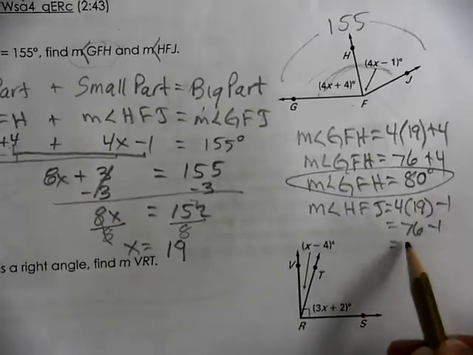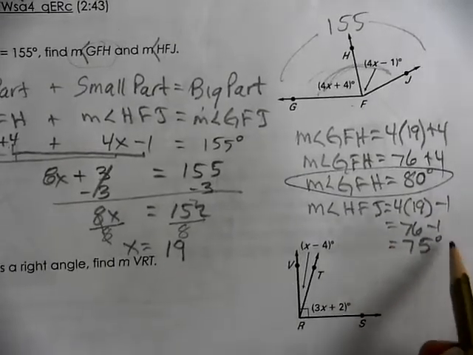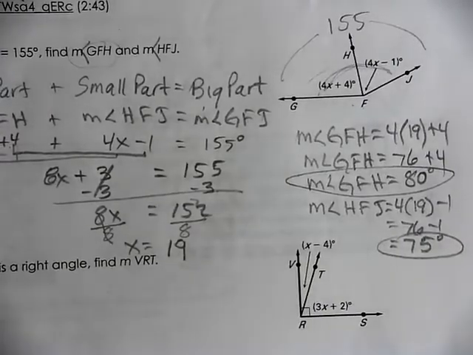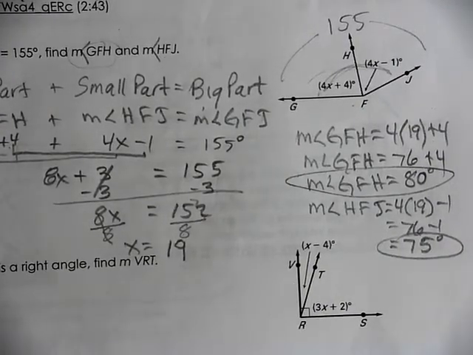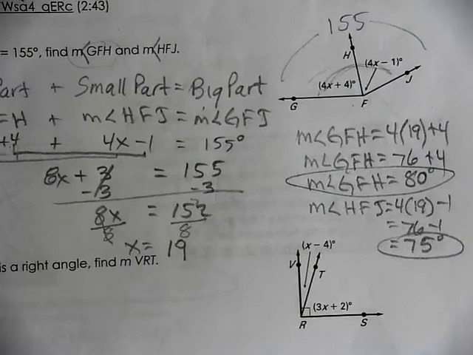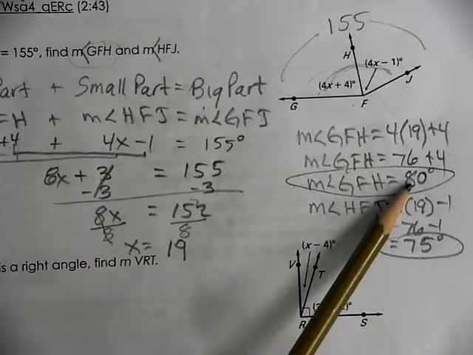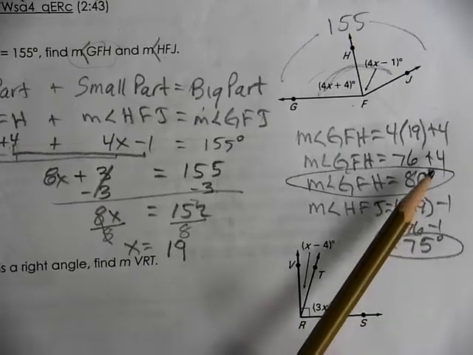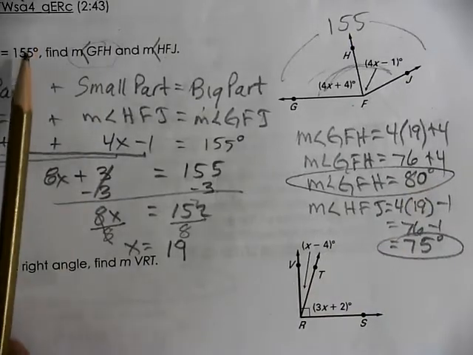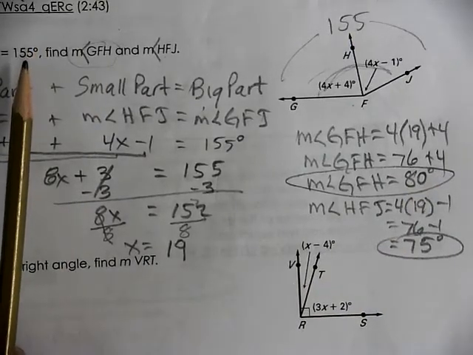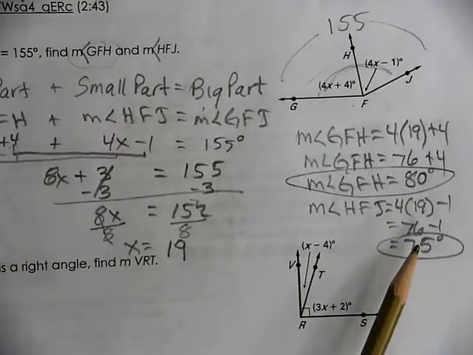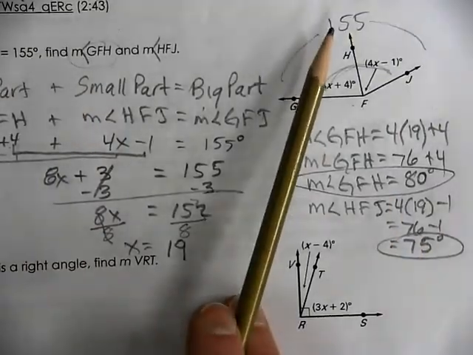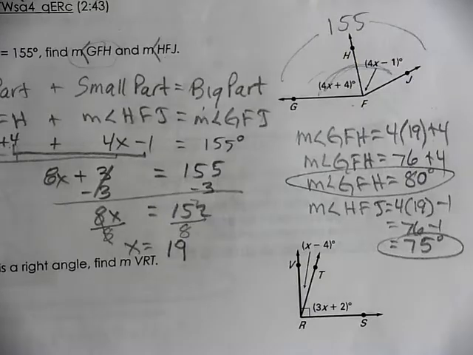Minus 1 is going to give us 75. That is 75 degrees. You should always check your answers to be sure that the 80 and the 75 are going to add together to what the largest value is supposed to equal. Check your answers, check your work. And that's equaled out to 155.